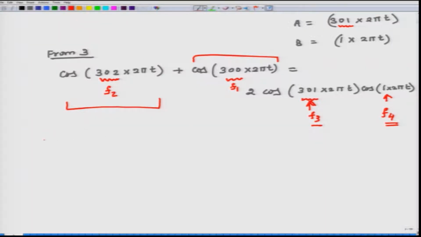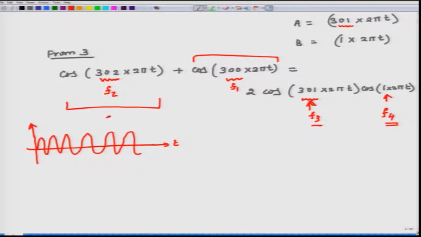So, in the first case what did I play? In case 1 I just played a tone. This is not a good drawing or graph, but this is the time t and this is the amplitude. What was the frequency in case 1? 300 hertz.